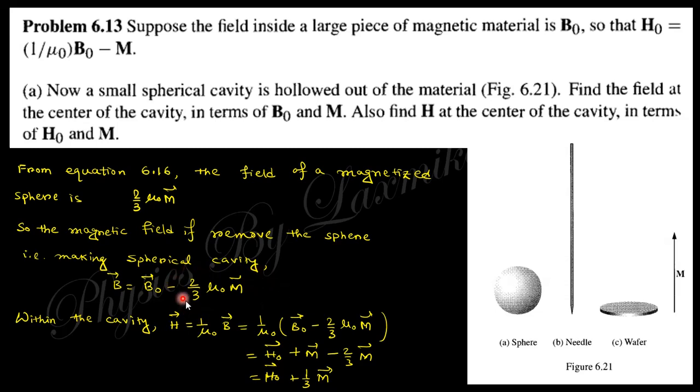This magnetic field is eliminated due to the elimination of this material, that is, the production of the cavity. That's why the effective magnetic field will be like that. So H equals B by mu naught, and putting in this value of B, B0 by mu naught equals H0 plus M, and this is 2/3 M. So finally you get H0 plus 1/3 M.